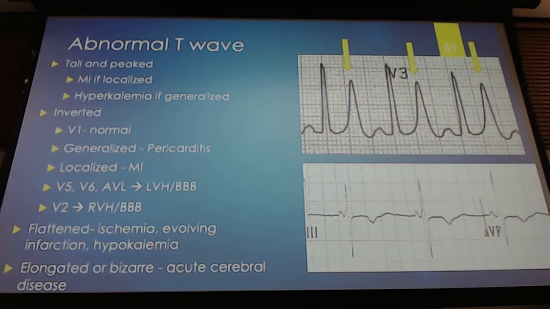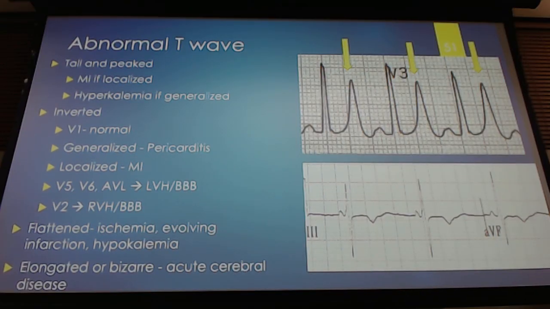V5, V6, aVL, we might see a little LVH or bundle branch block. Okay, so different abnormalities in that T wave will represent different things.